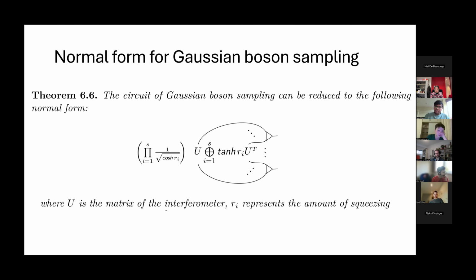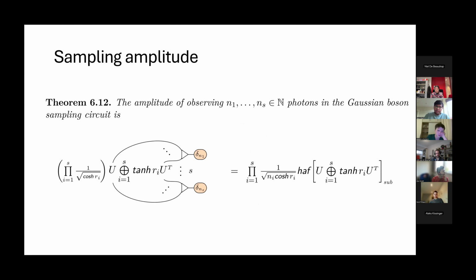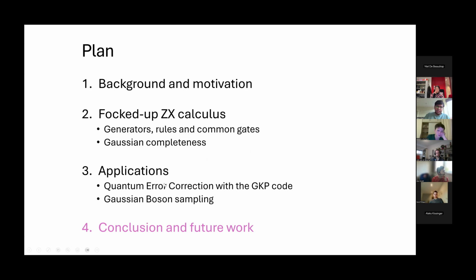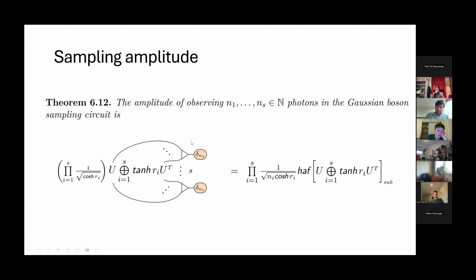With this, we just need to show what it samples from. For that, you just post-select on the measurement outcome in the Fock basis, and you see that that's the same as the Hafnian of this matrix.